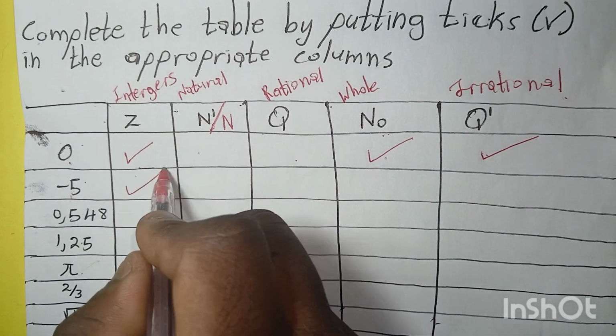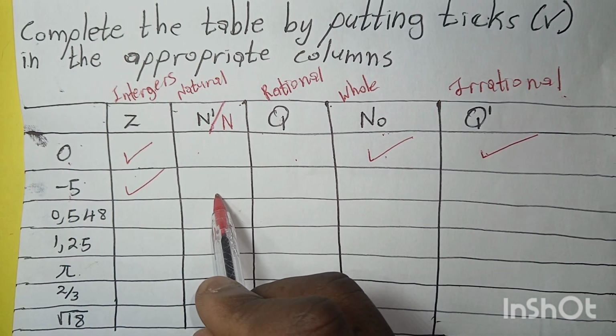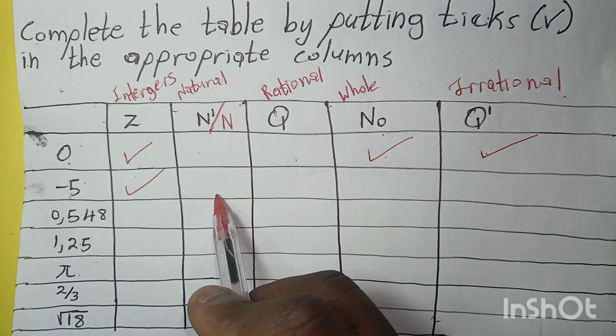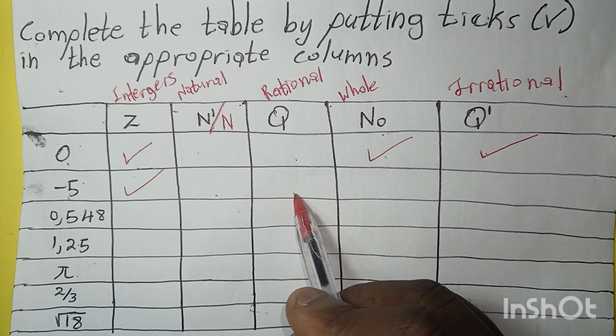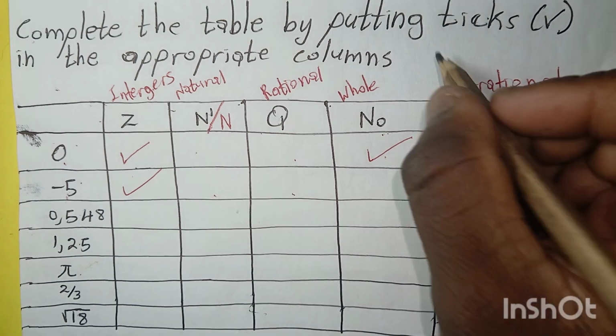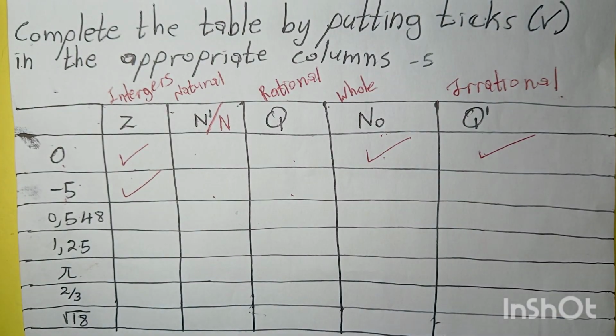So what about -5? -5 is an integer, and -5 is not included in the natural numbers. Remember, natural numbers start from 1, 2, 3, 4, 5 until positive infinity. And -5 can be written as a fraction: -5 over an invisible 1.